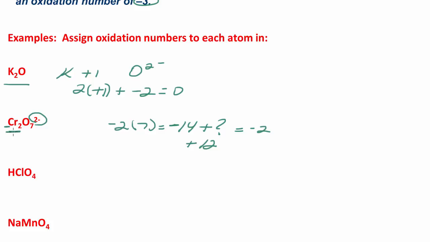But we have 2 of these chromium atoms, so the chromium is going to have an oxidation number of +6 in this compound.